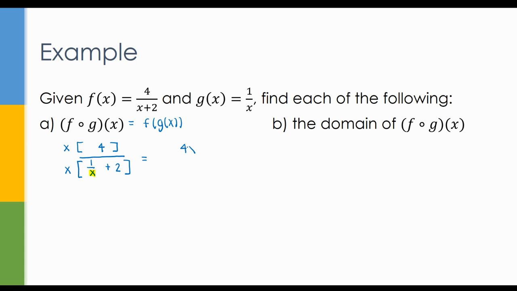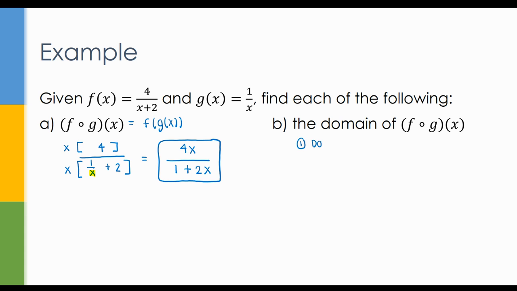So 4 times x is 4x. On the bottom, x times 1 over x is going to give us a 1, plus x gets multiplied by 2, and that gives us a 2x. So now I no longer have a fraction inside of a fraction, and because I can't factor that denominator any further, there's nothing that I can simplify any farther. This is my composition.